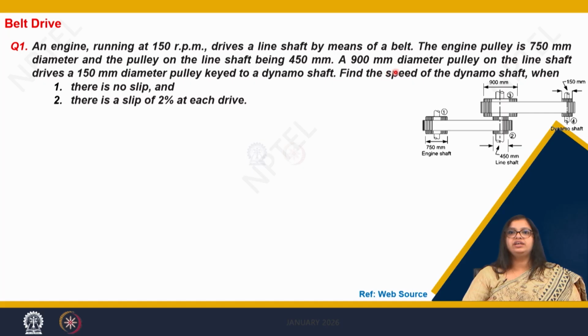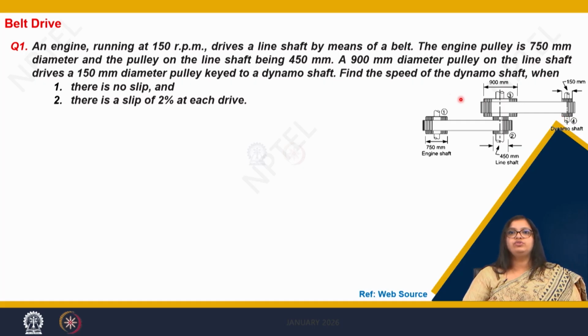Now, on the same line shaft there is another pulley, of 900 mm diameter, which drives a dynamo shaft where a pulley of 150 mm diameter is housed.